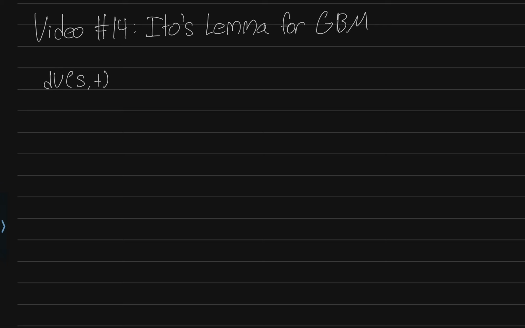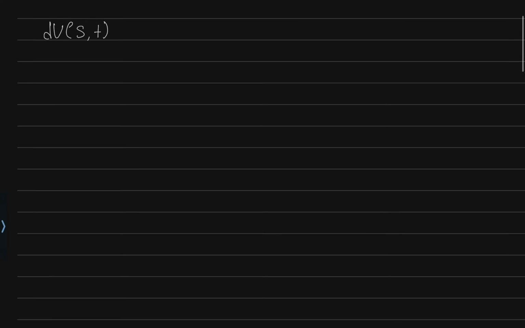And a few things I want to recall before I start off this derivation. I want to focus on S a little bit, and we talked about this in the past, about how to model a financial asset using geometric Brownian motion, and we did this as follows.